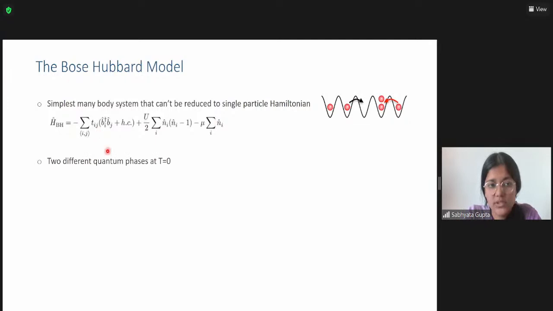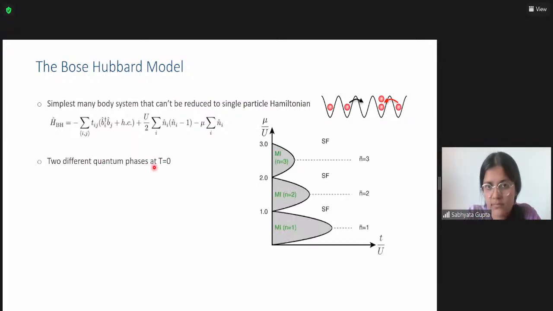For the Bose-Hubbard model, in the ground state, 2 different quantum phases exist at t equal to 0. For different values of the parameters t and U, these phases exist as follows: the Mott insulator phase and the superfluid phase.